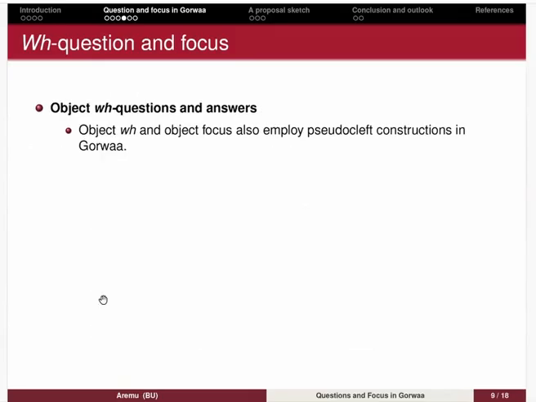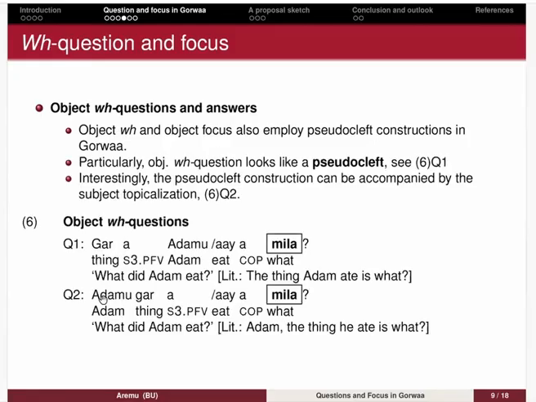Okay, let's look at object WH questions and answers. For the object WH and object focus answer, it also employs pseudo-cleft constructions, as in what we've seen already with respect to subject WH and focus. And particularly the WH question actually looks like a pseudo-cleft. So if you look at 6Q1, what did Adam eat?